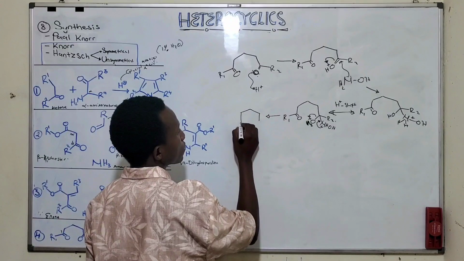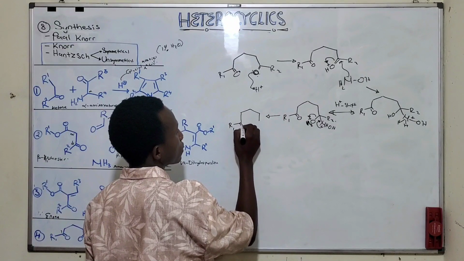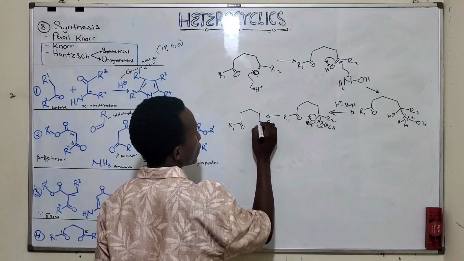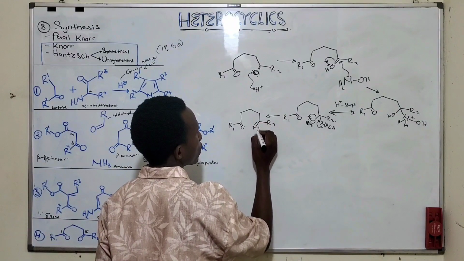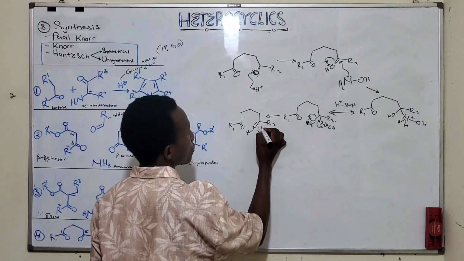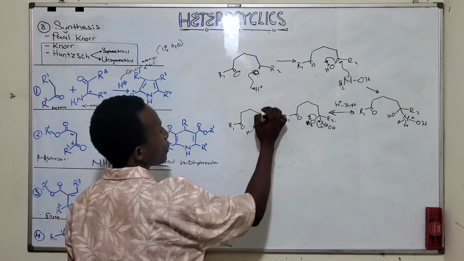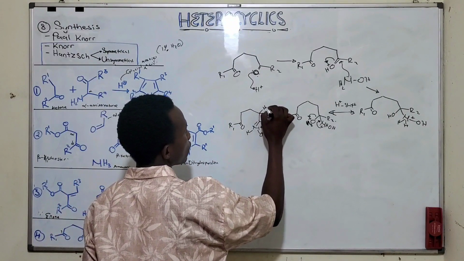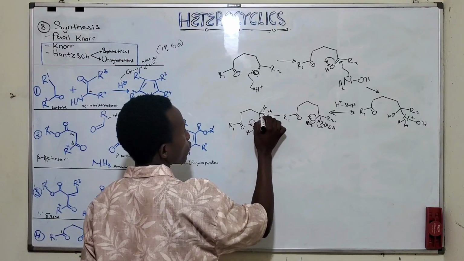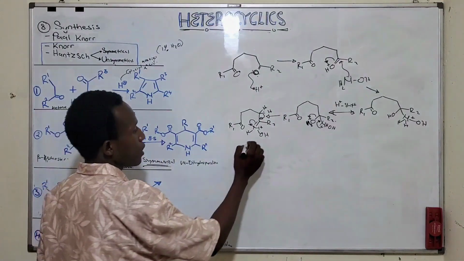So R1, here we have R2 and N with a double bond and H with OH. It is plus now. Here we have hydrogen atoms. As it stabilizes, this one forms a bond.